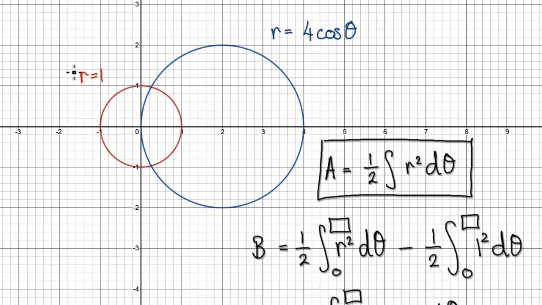So now we've got the two equations in polar form. So to work out the area, remember I'm expecting you to know this.